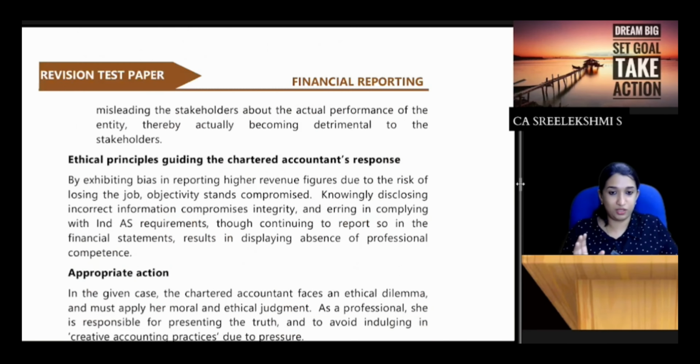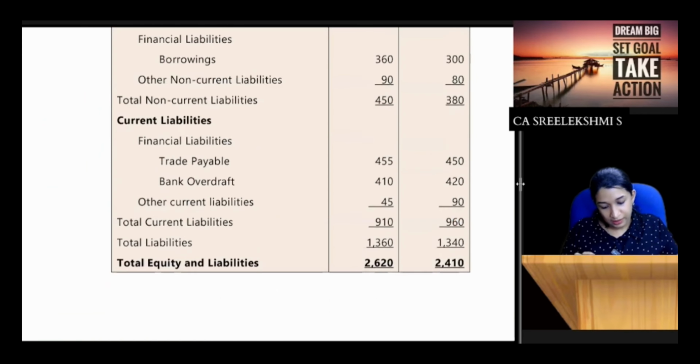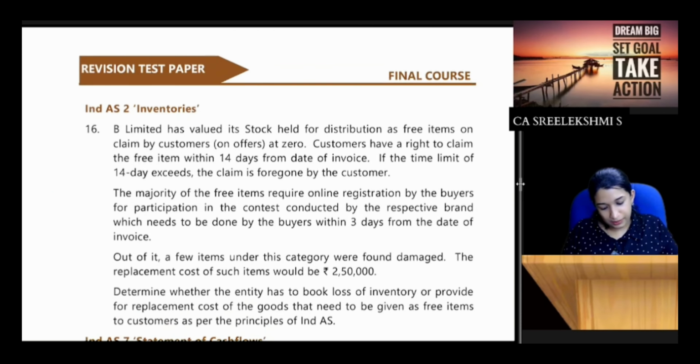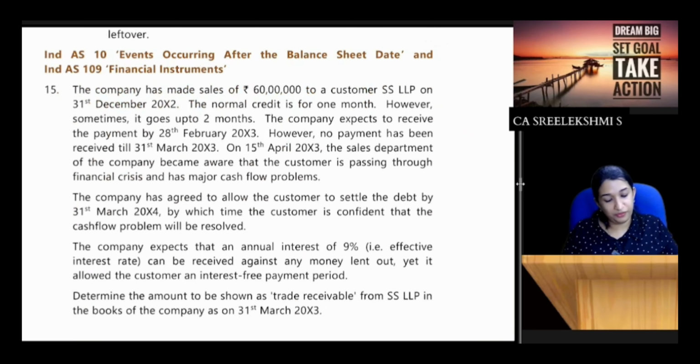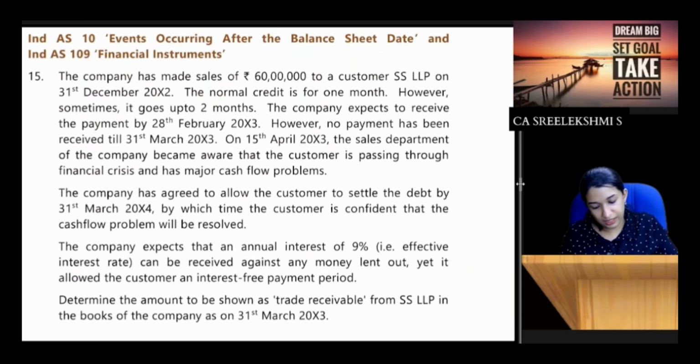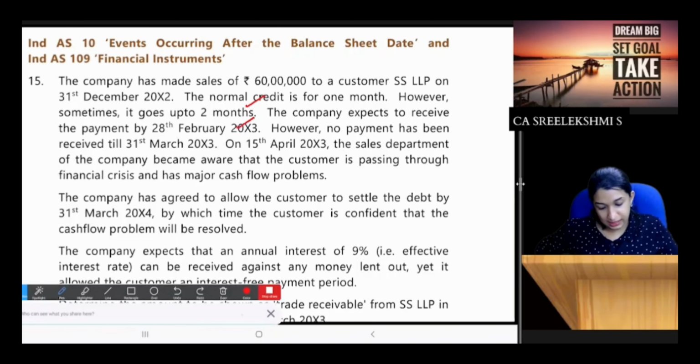So that was which question? That was question number 14. Now question number 15: Financial instruments and Ind AS 10. Let's see. The company has made a sale of 60 lakhs to customer SSLLP on 31st December 2012. Okay, there is a sale.